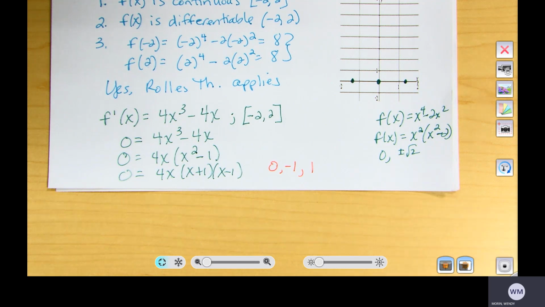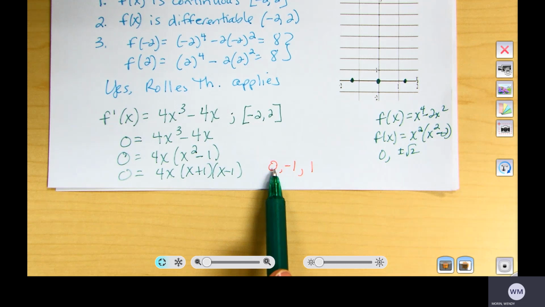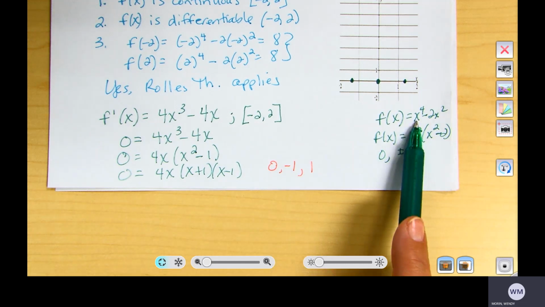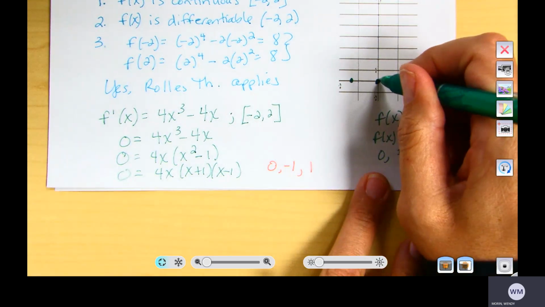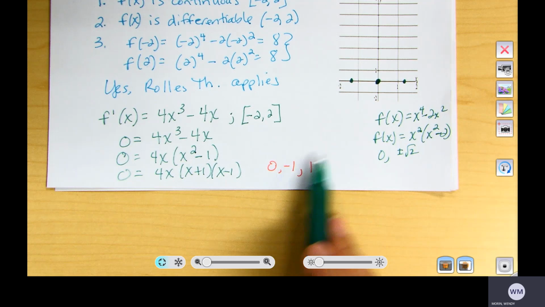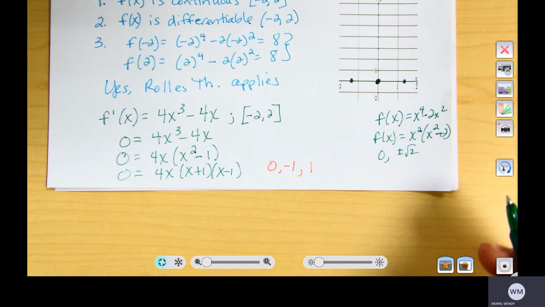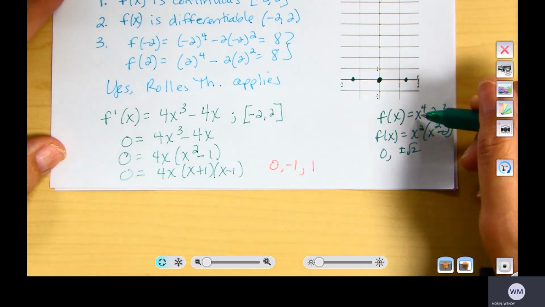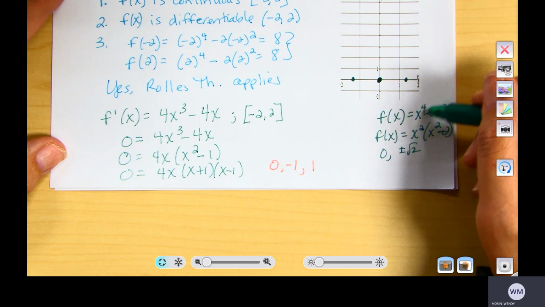So this is the function here. If you know that your max and mins occur here, find out the y values now. So if I plug in 0, I get 0. So 0, 0 is on the graph. When I plug in -1, I don't know if we should maybe make a table, or can we do that in our head? Plug a -1 into here, you get a +1.